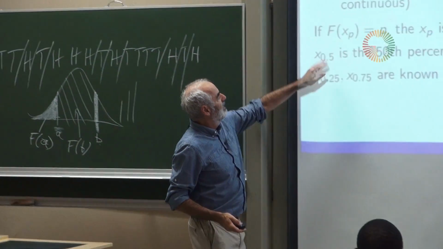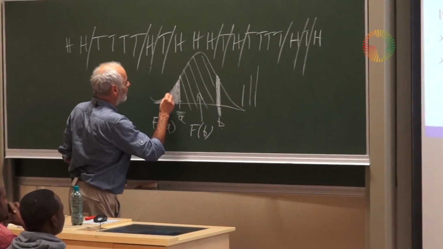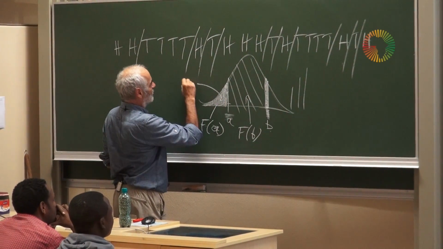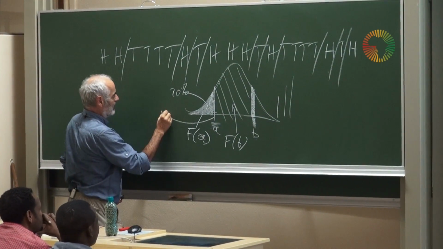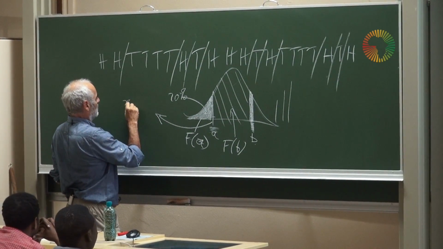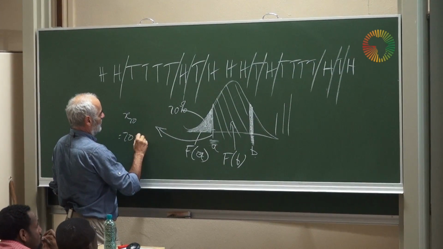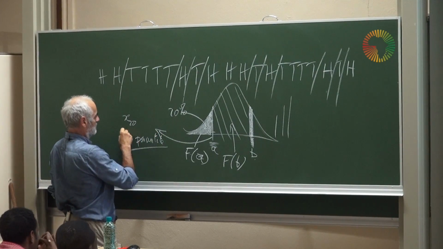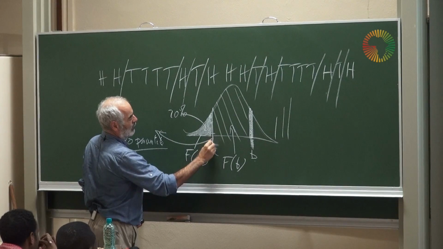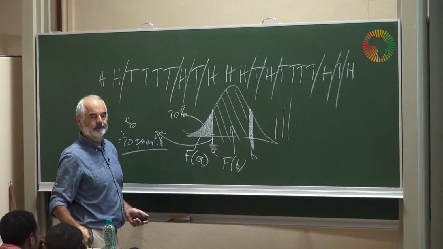The other thing to remember is that if this was, let's say, 20%, then that point here, where 20% of the area is below it, is known as the 20th percentile.